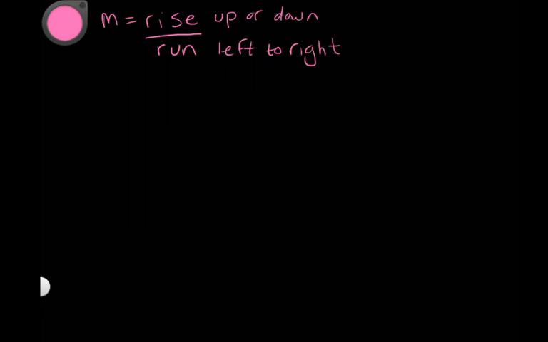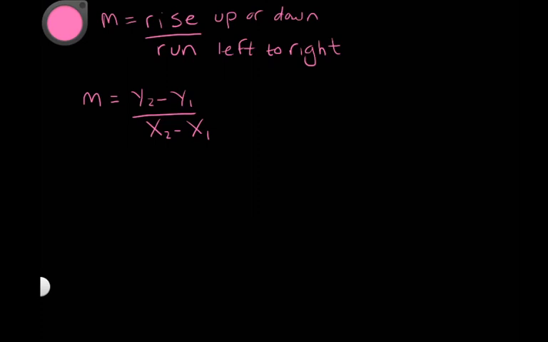Now there is a formula for finding the slope of a line if we don't have a graph to read those points. So the formula for slope is m equals y2 minus y1 over x2 minus x1.